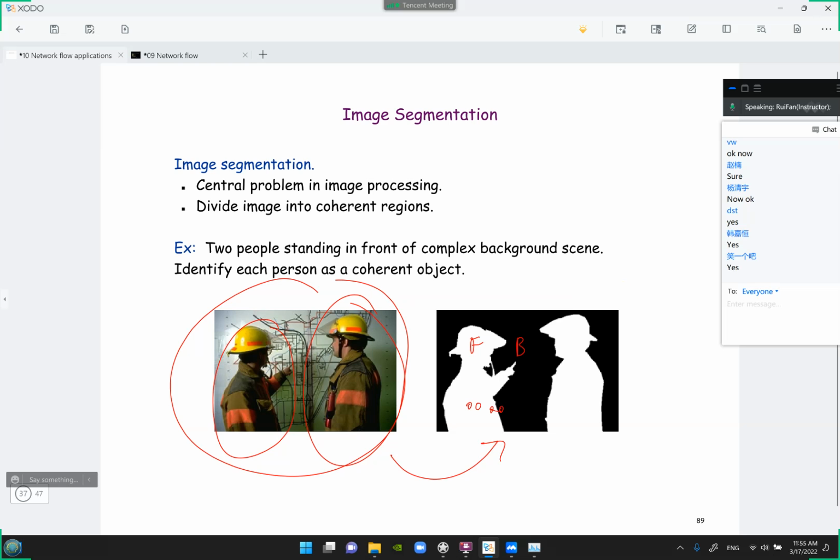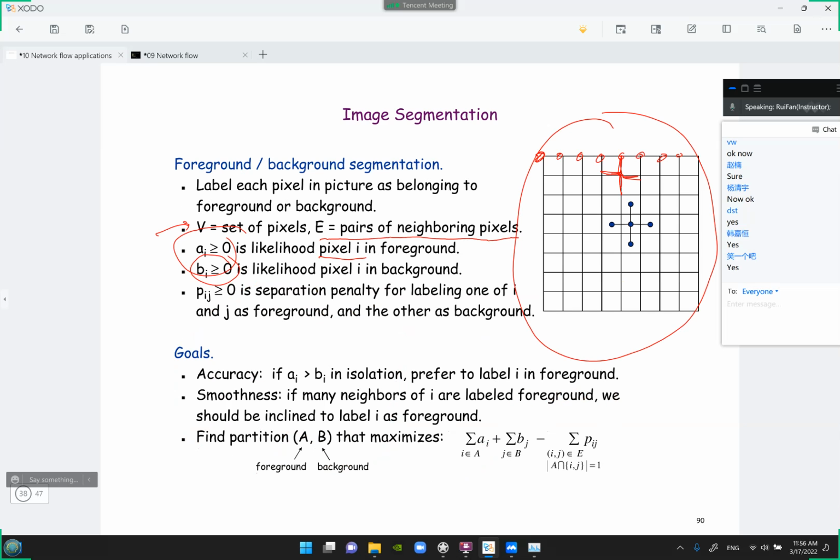But you don't want things like foreground, background, foreground, foreground, background, foreground, background, over and over. You don't want to produce some sort of very noisy segmentation like that. Therefore you have this penalty, which basically says that if this is selected to be the foreground, then if I select this neighbor to be in the background, I have to pay a penalty.